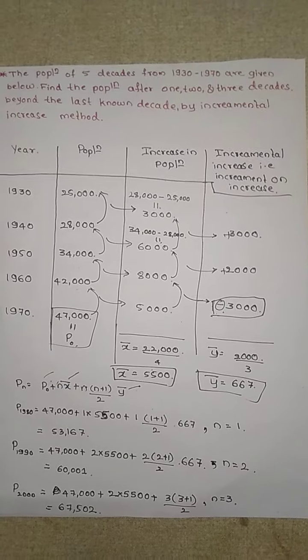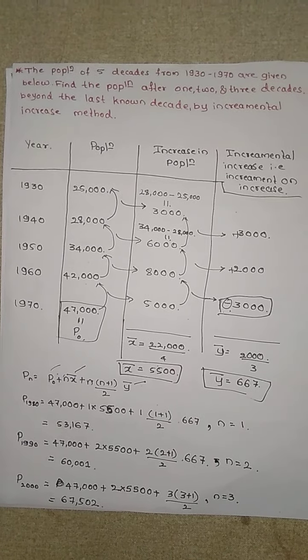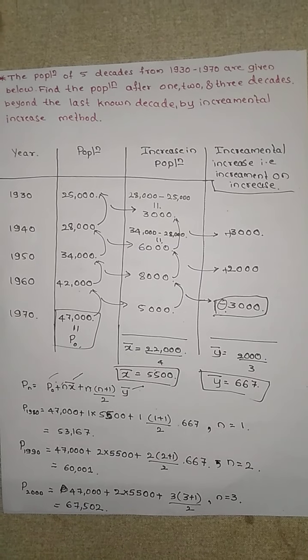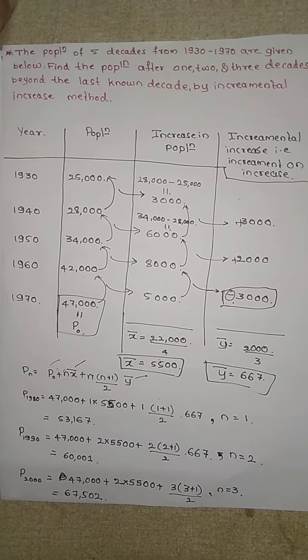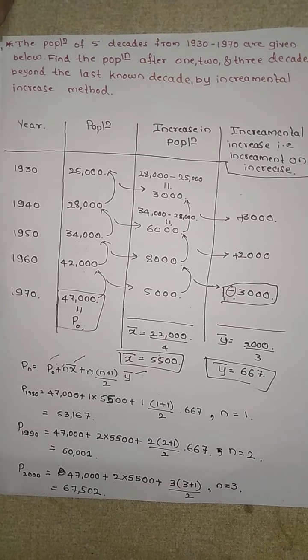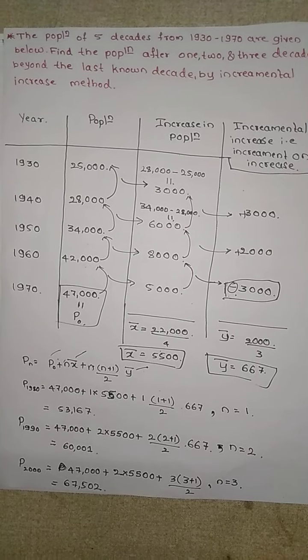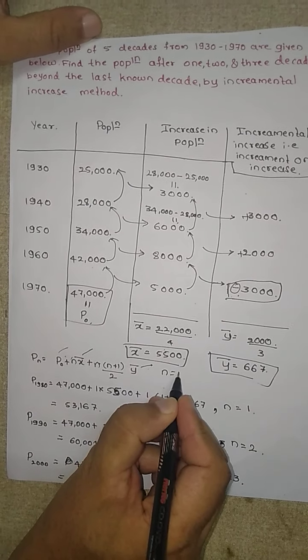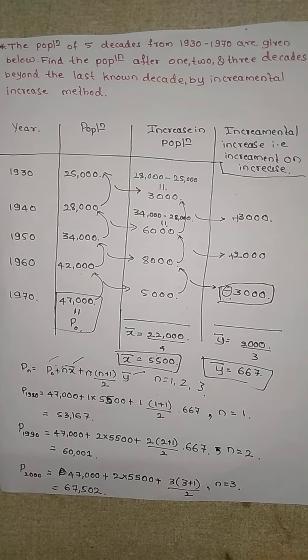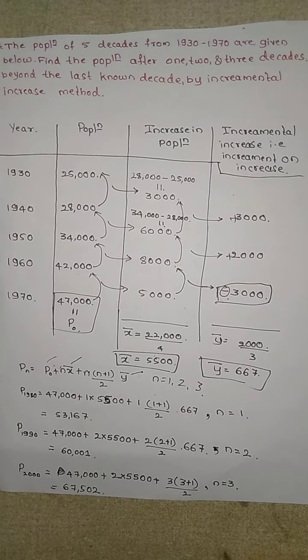So n is the number of decades after the known population. In the problem they have asked to determine the population after 1, 2 and 3 decades, so here we will be using the n value as 1, 2 and 3. We'll first find out the value for 1980.